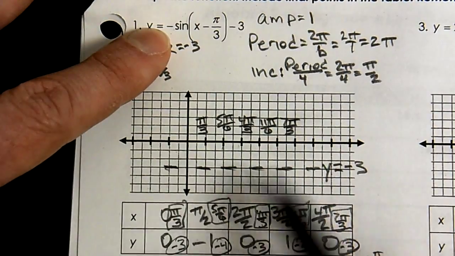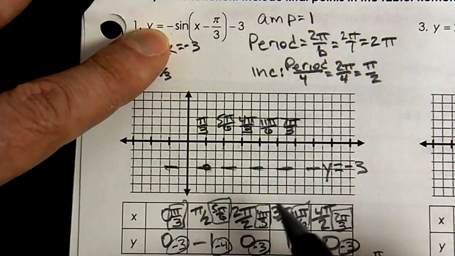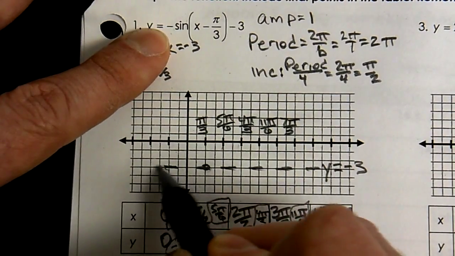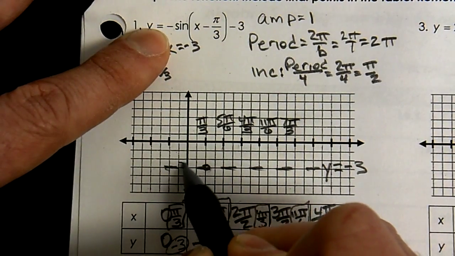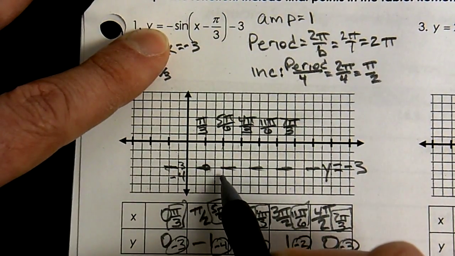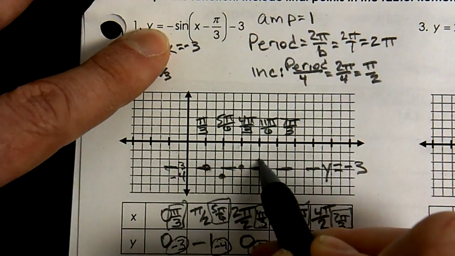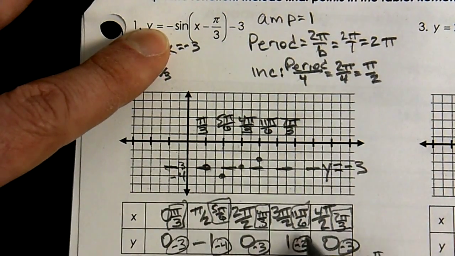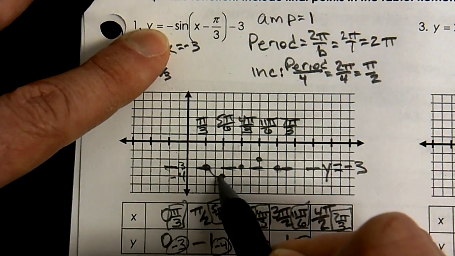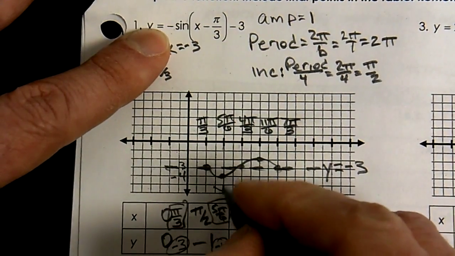Our sine graph is going to drop rather than increase. So this is your negative 3. This is negative 4. So you're going to go down by 1, back up to 0, to negative 2, and then back to 0 again. So your sine graph is going to look just like that.